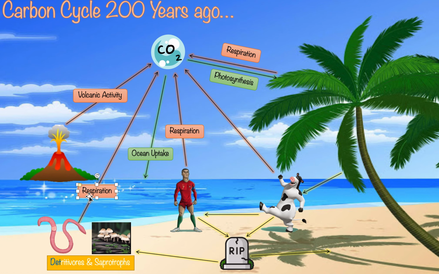Now, ultimately, another pathway we can take, so say we die, we can turn into fossil fuels. If millions of years pass, and we start going deeper into the earth because we die and then we go under the soil and then we go deeper and deeper as layers form above us, eventually plants and animals that died can form fossil fuels.